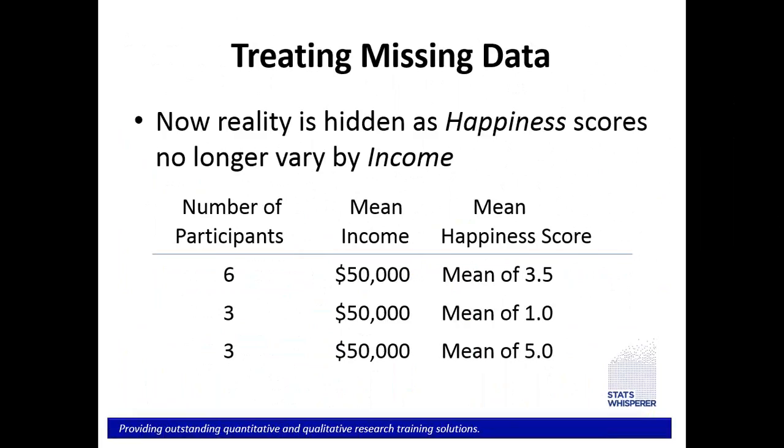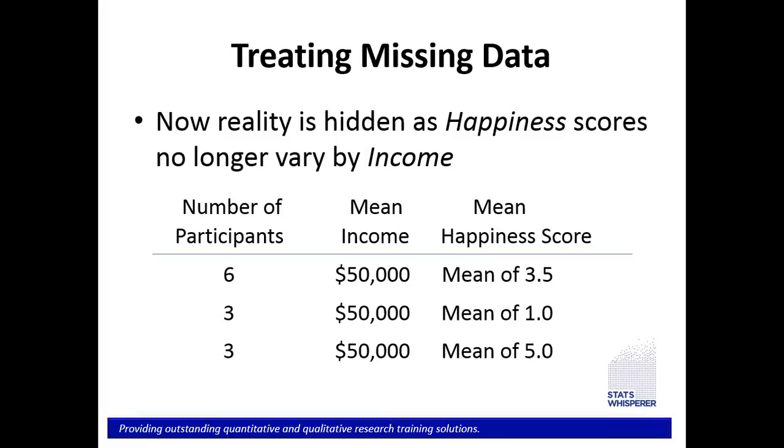So now, if we look at our frequency tables, we have 6 study participants again, with a mean income of $50,000 and a happiness score of 3.5. But now we also have 3 participants that would have been the low income, but now they also have a mean income of $50,000 and a happiness score of 1.0. And the final one, 3 study participants that were formerly the high incomes, also have a mean income of $50,000 and a score of 5.0.